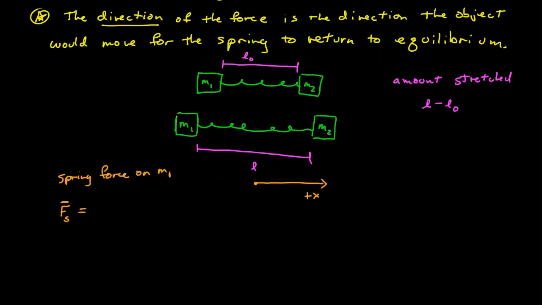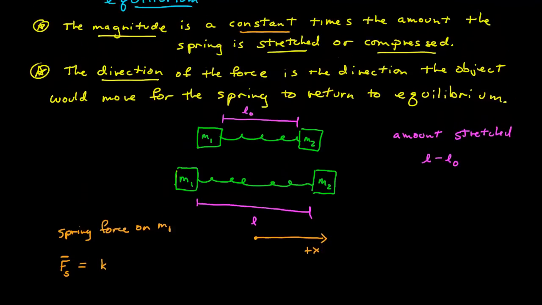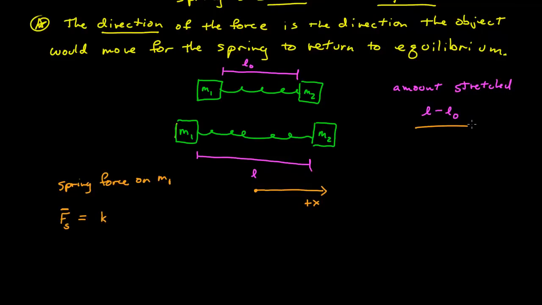We don't know what that is; we either have to solve for it or be given it, since it depends on the individual spring. That constant is often represented by a k. And then the other part of the magnitude is that constant times the amount the spring is stretched or compressed, and the amount that the spring is stretched is L minus L naught.